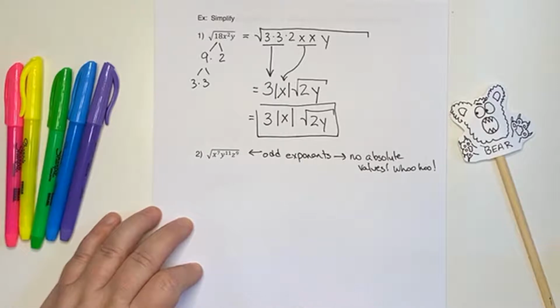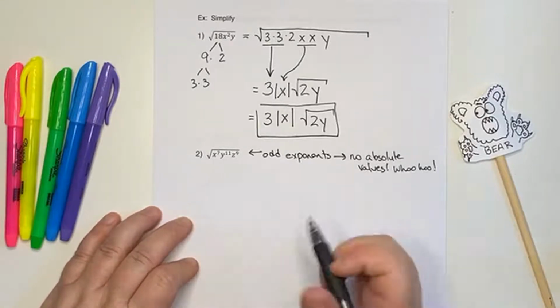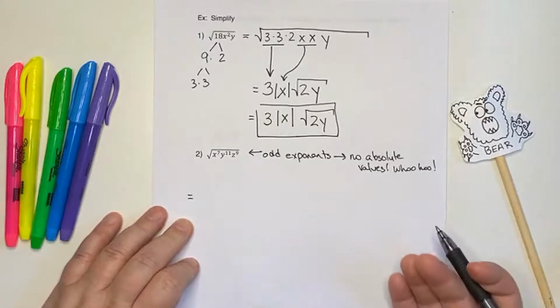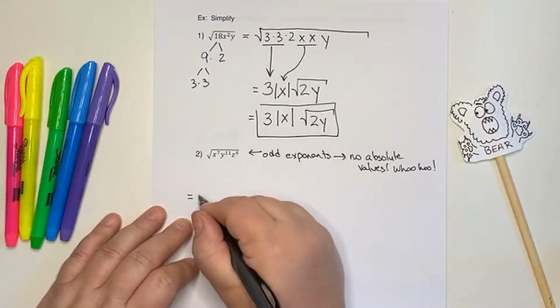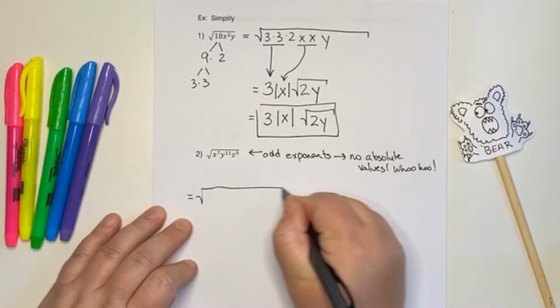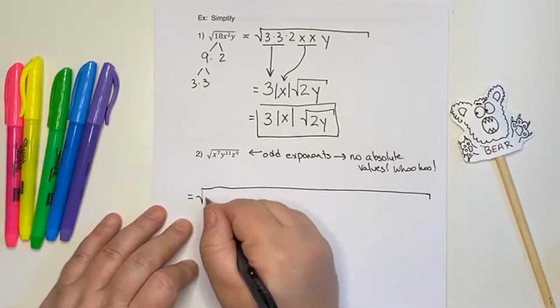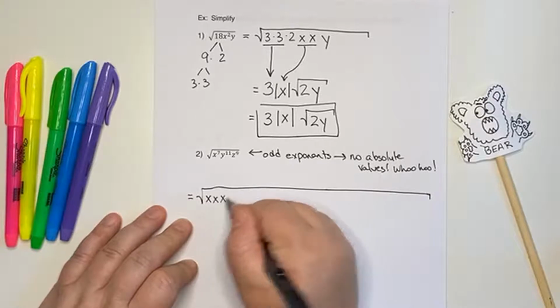I wrote these out, and they're quite extensive. I'll remind you there are many ways to approach this problem, and in this case, bear math may not be your favorite way to do it. It is a way to do it, but it's going to take a long time.